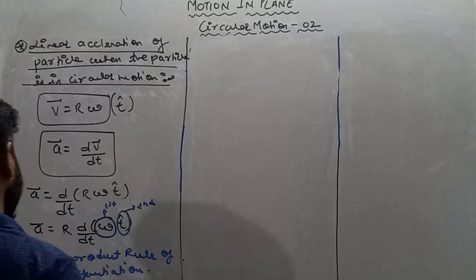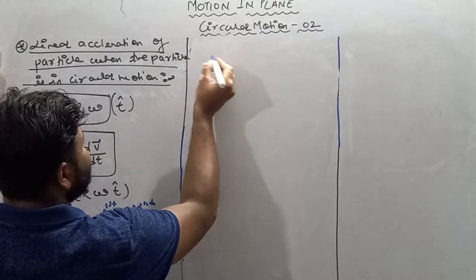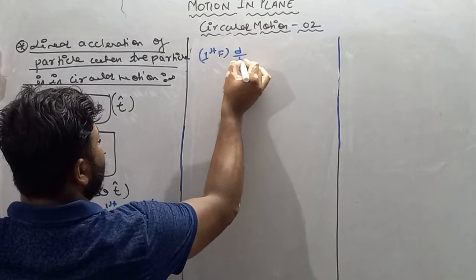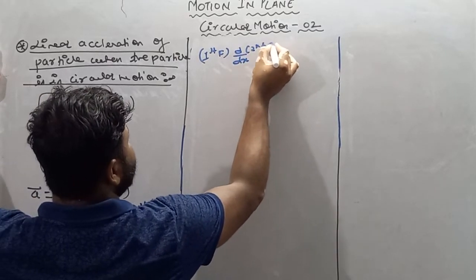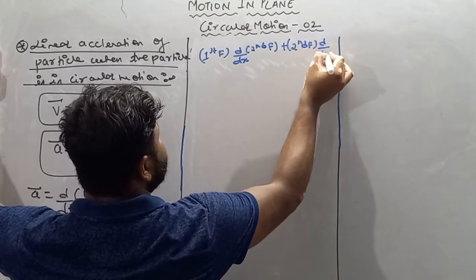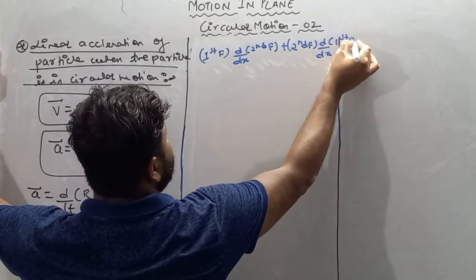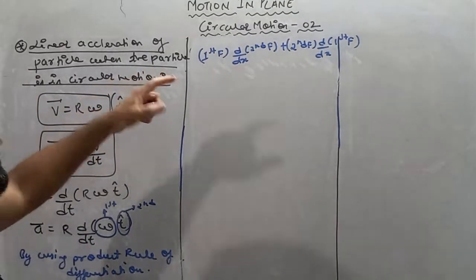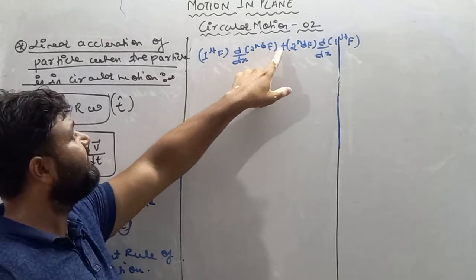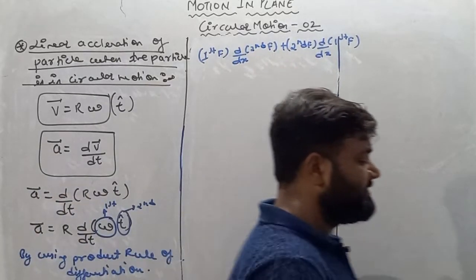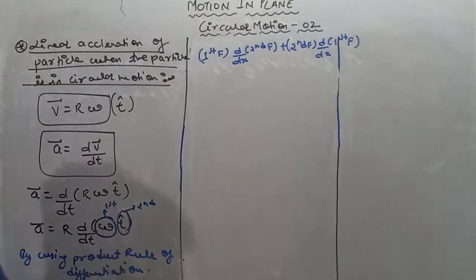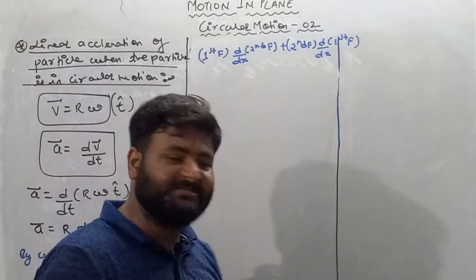So what does the product rule say? The product rule says: first function as it is, differentiation of second function, plus second function as it is, differentiation of first function. We have to differentiate both the functions. Moving forward, my dear student, omega is our first function and t cap is our second function.